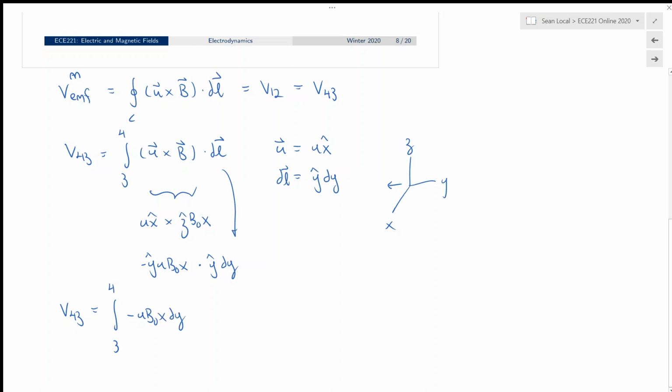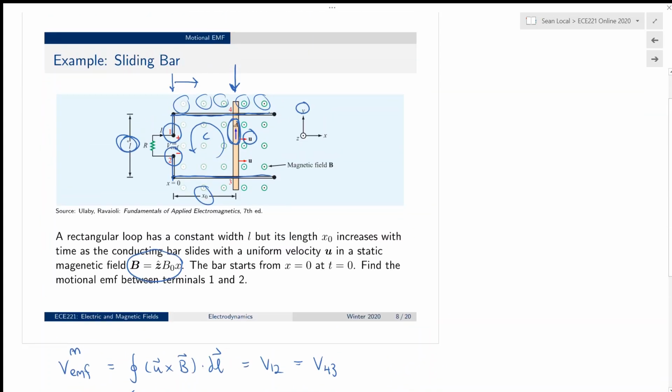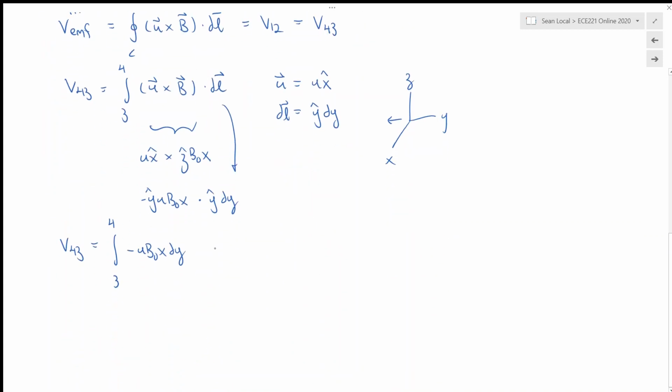The integrand obviously does not depend on y, so when we integrate over y, if we look at our diagram, we're just going to end up with the length of the bar. So this is going to be equal to minus u B naught x times the length. And to match our diagram, I think x was being called x naught, so let's update that here.